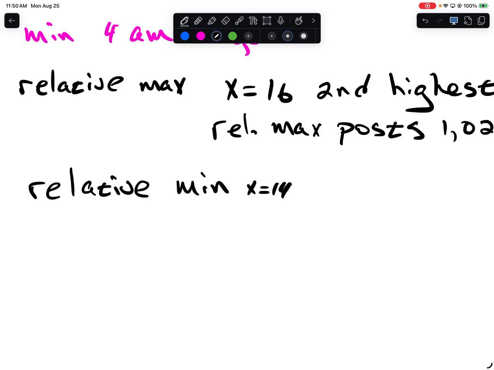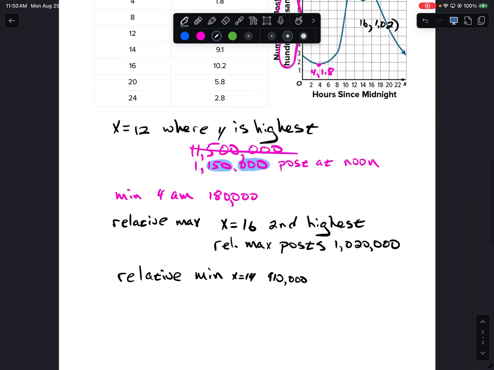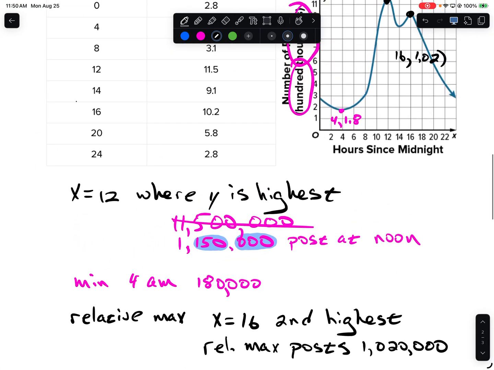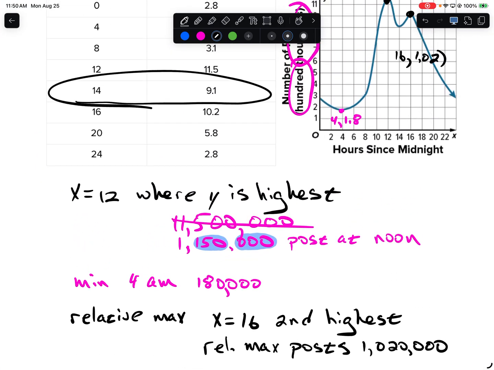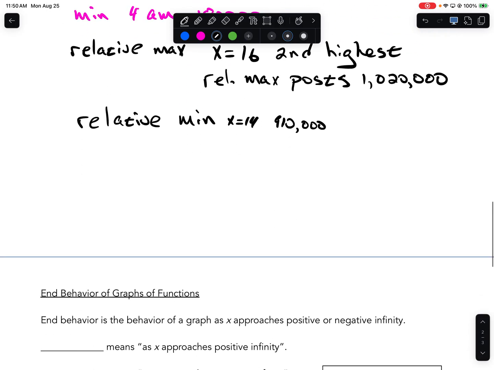They said 910,000 posts. So x equals 14, how do you know for sure? Because x equals 14 right there, right? 9.1, so 910,000, hundreds of thousands. In the hundred thousands place is what that means, okay? And that's at 2 p.m., posts at 2 p.m.